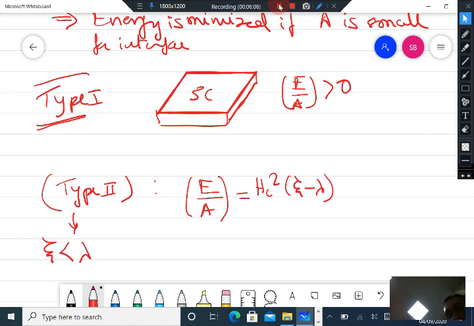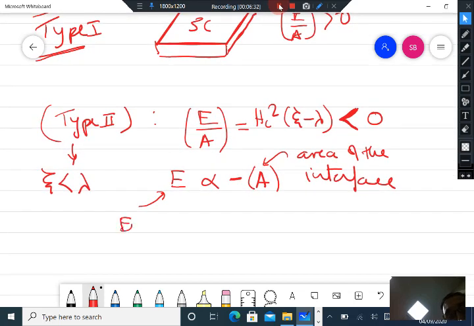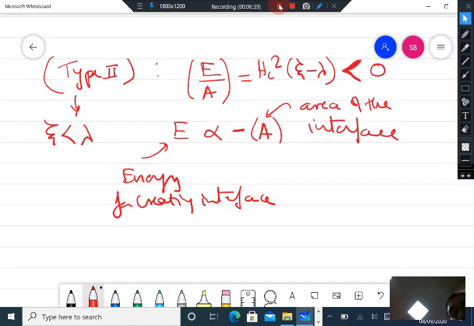Now if xi becomes less than lambda, this energy for the interface becomes negative, or E is proportional to minus A. Okay, A is the area of the interface, and this is the energy for creating the interface.